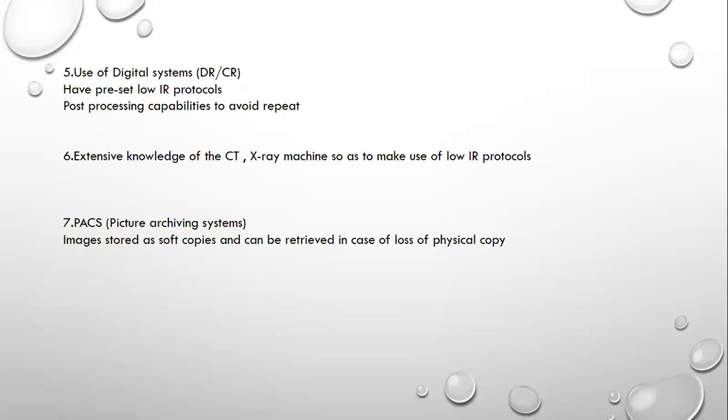So if you find a patient loses their physical copy, previously we would have to repeat the examination again, exposing the patient again to more radiation, but now you're able to go into the PACS system, retrieve the imaging and even the report and give the patient.